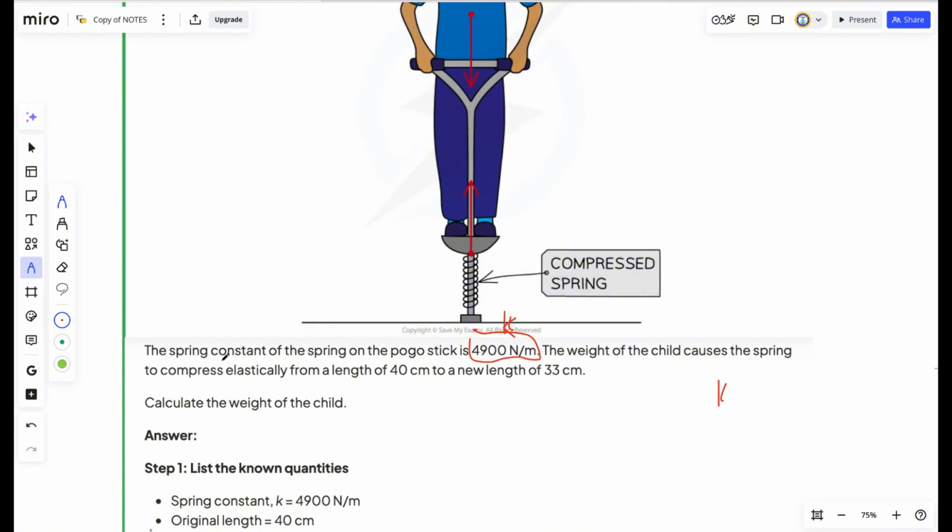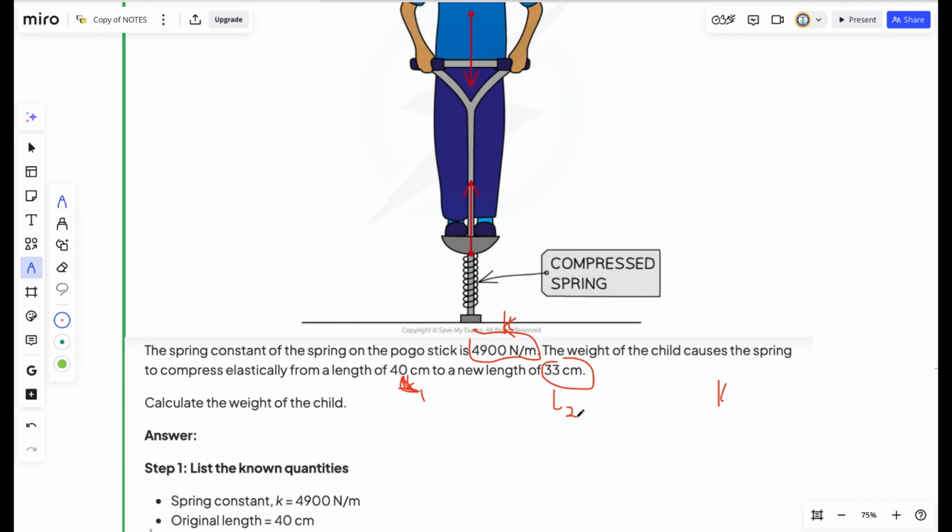Now, the weight of the child causes the spring to compress elastically from a length of 40 centimeter. This is L1, the original length, to a new length of 33 centimeter. This is the final length, L2.